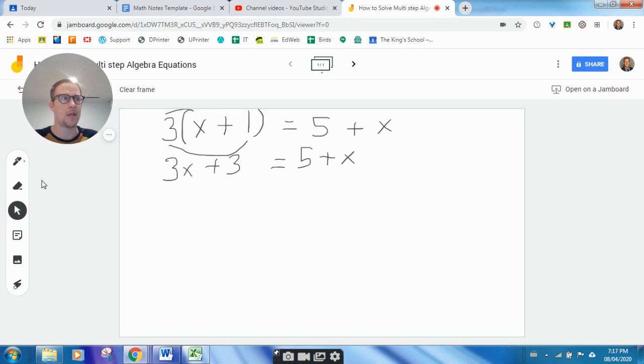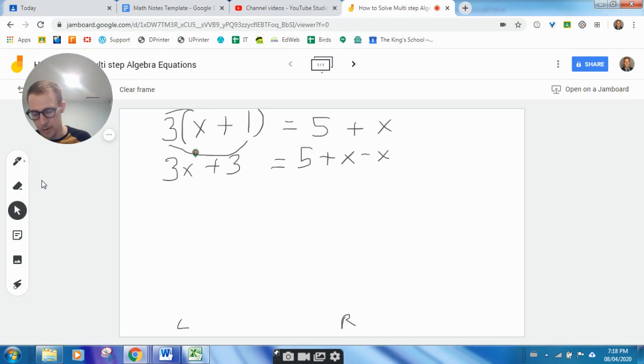The next step is to eliminate the variable from the right side. This is the left side of the equation, and this is the right side. We're going to eliminate the variable from the right side. Remember, the variable is this x here. In order to do that, we're going to subtract x from both sides of the equation.